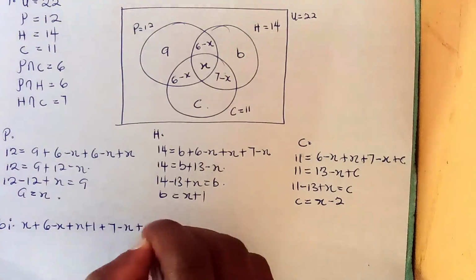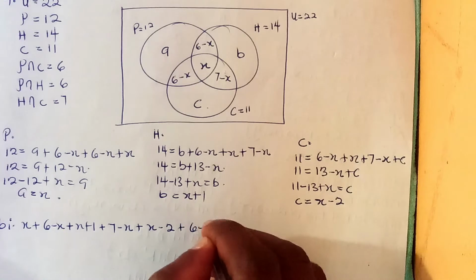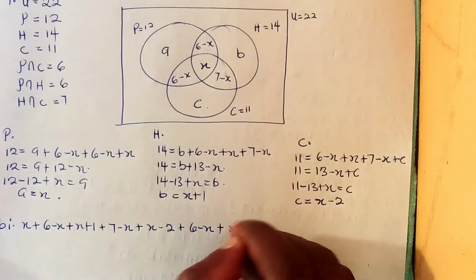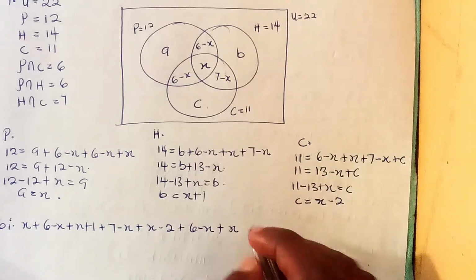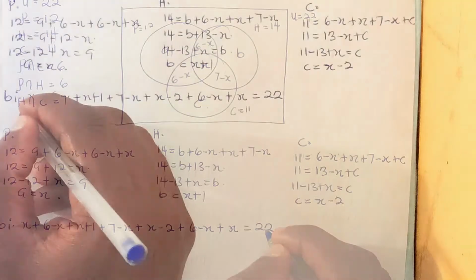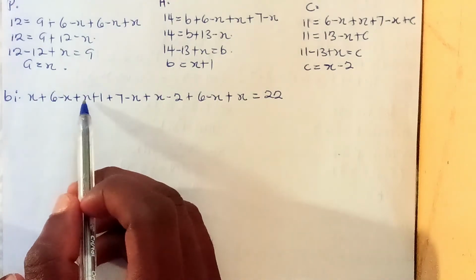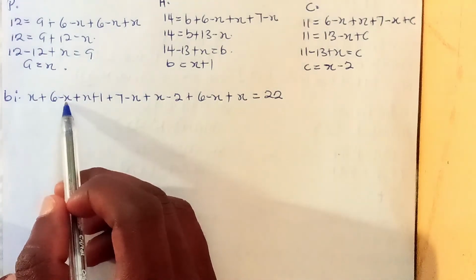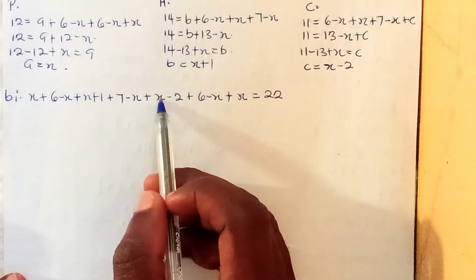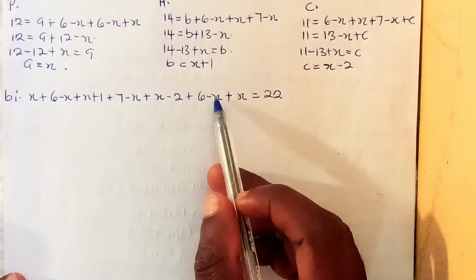We have C to be x minus 2 plus 6 minus x plus x. The middle one is equal to 22. Solving it, this positive x takes the negative x away. That of this takes this away, and this one also takes this away.